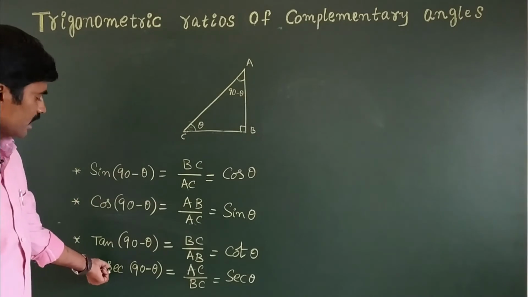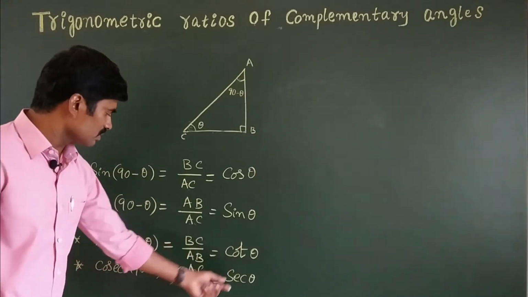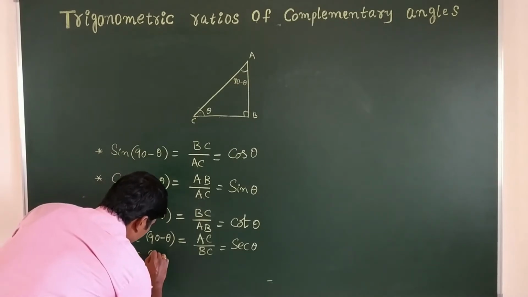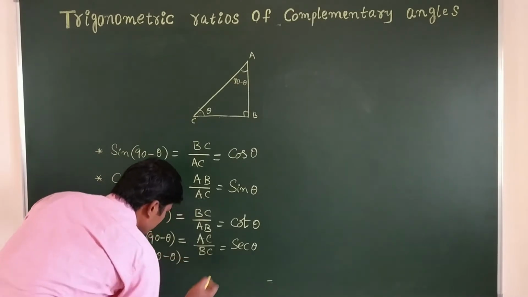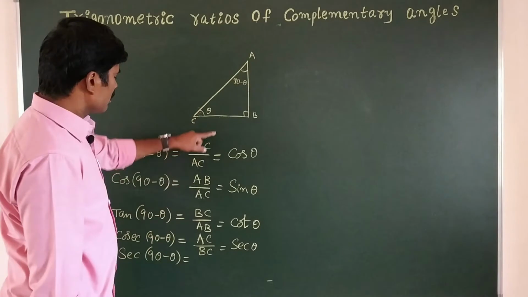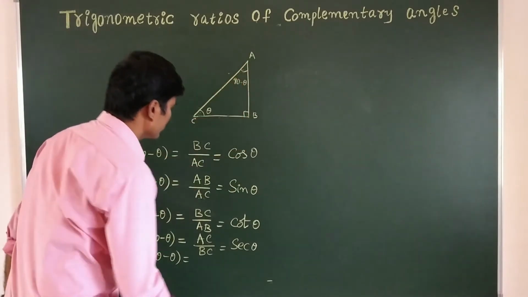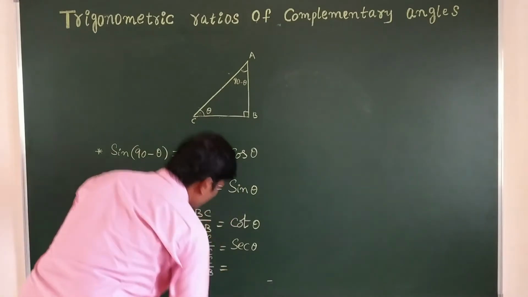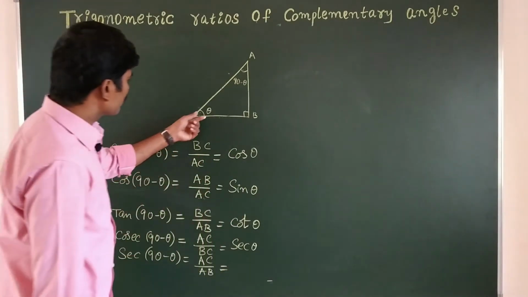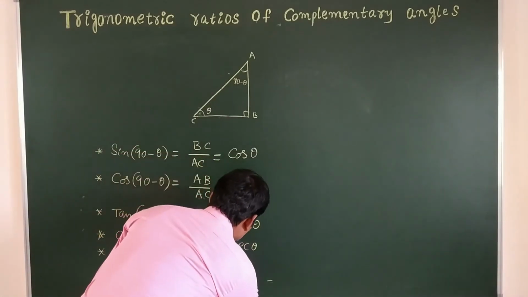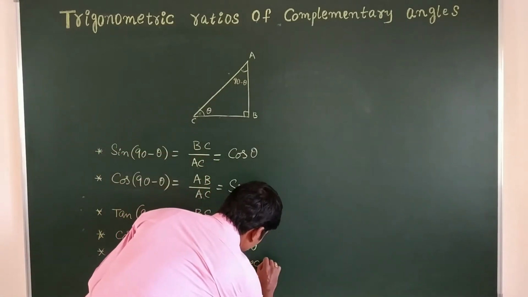So cosecant 90 minus theta is equal to secant theta. Similarly, secant 90 minus theta is hypotenuse by adjacent side, AC by AB. Comparing with theta, secant 90 minus theta will be cosecant theta.